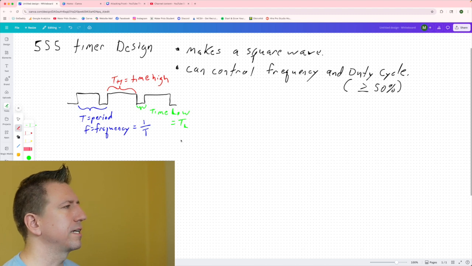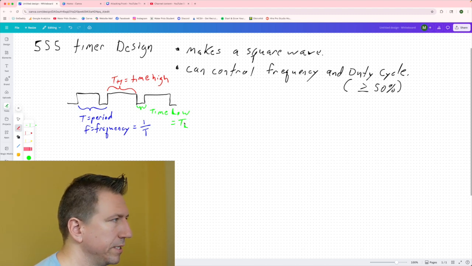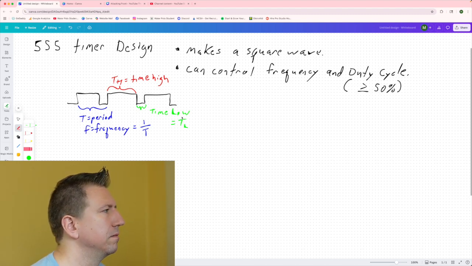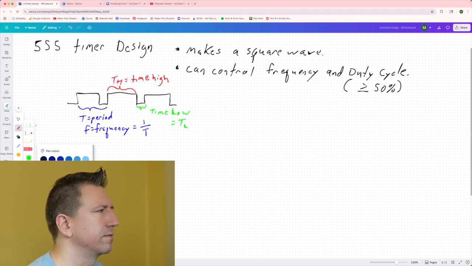So we have time high, time low, and then the period of the signal. Now you can see that the time that is high is longer than the time that's low, and those two go into the idea of a duty cycle. What percentage of the total is time high is what we're asking for the duty cycle.